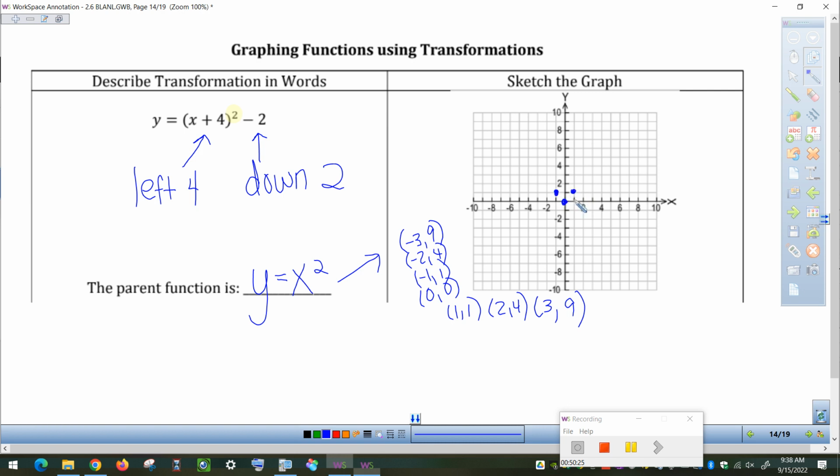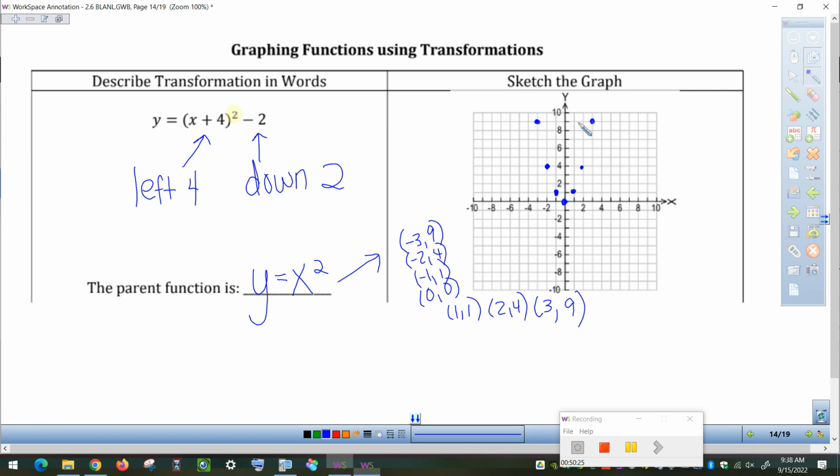And actually when I do my parabolas normally, I start with 0, 0, and then I go out from there. So the next step is over 1 space, up 1 space on either side. Then we have over 2 spaces, up 4 on either side. And then it's over 3 spaces, up 9. And then I have those points there, so I know that that's my starting point.